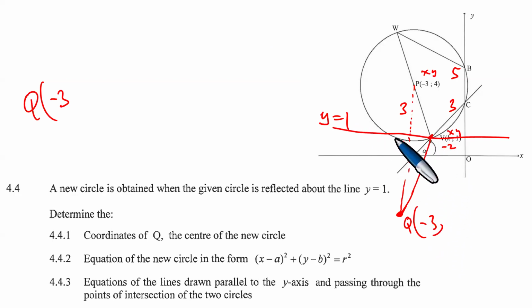The distance between the line y equals 1 and y equals 4 is 3 units. So the distance here between this line, you must go down away from the line, 3 units down.